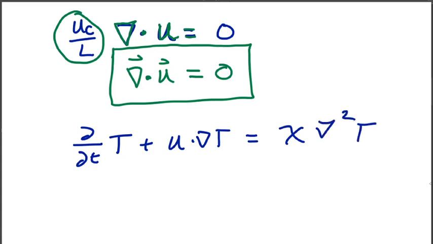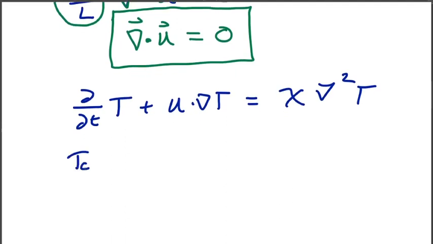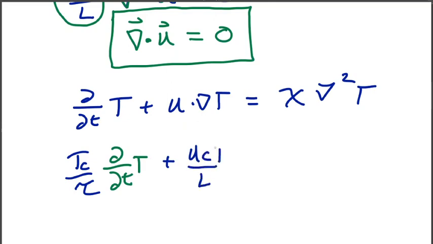And now we're going to non-dimensionalize this. We're going to pull out our T characteristic and our tau times d by dt of T. We're going to have our u characteristic over L times T characteristic.